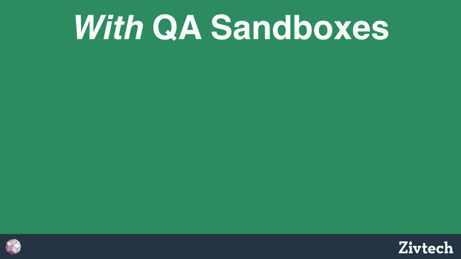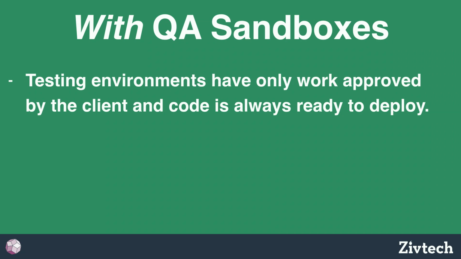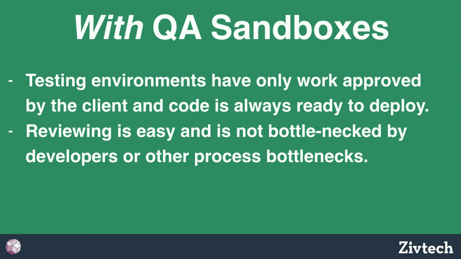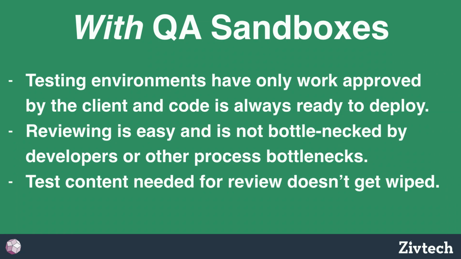So with QA sandboxes, we see that the testing environments have only work that's been approved by the client, and code is always ready to deploy. Reviewing is easy and not bottlenecked by other developers and other process bottlenecks that I mentioned previously. And test content needed for the review or for a demo is never getting wiped.